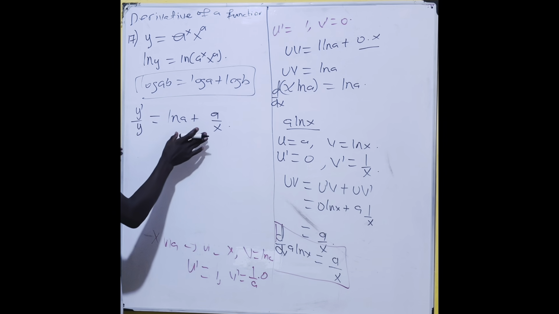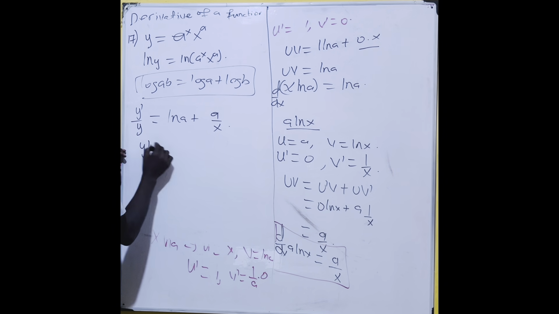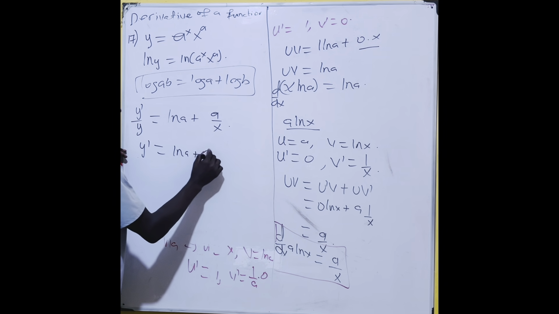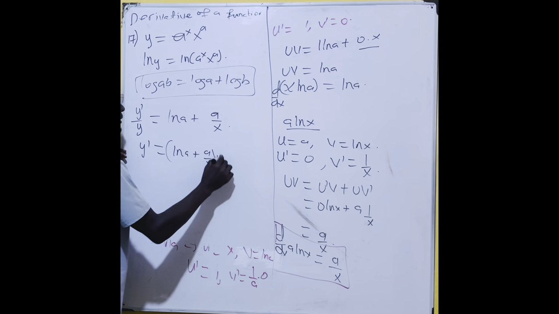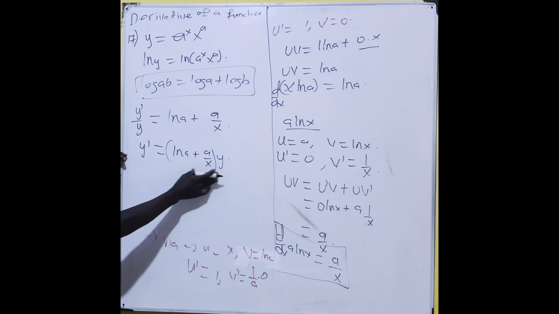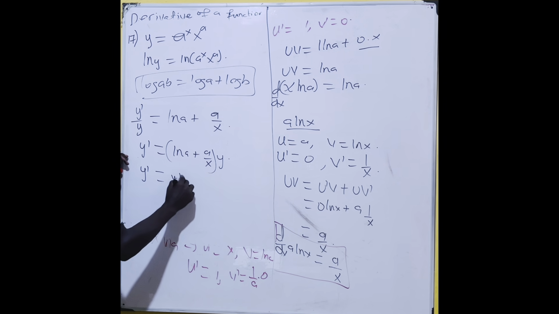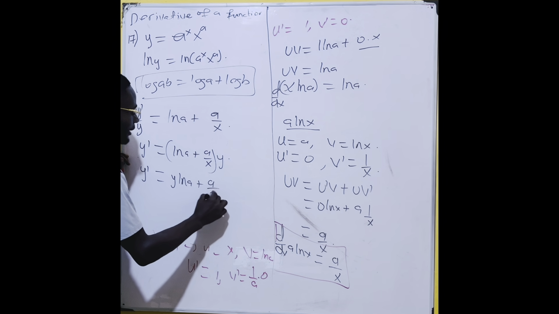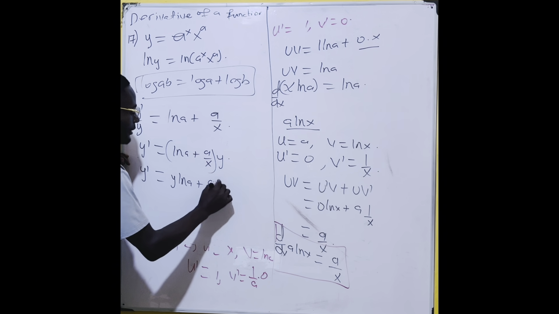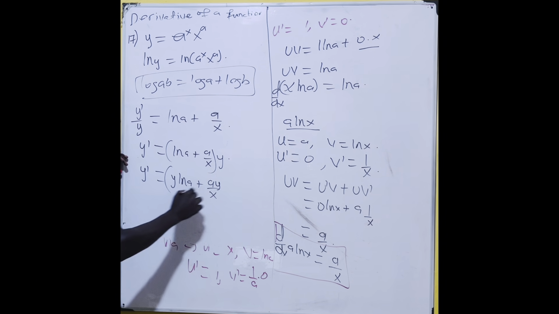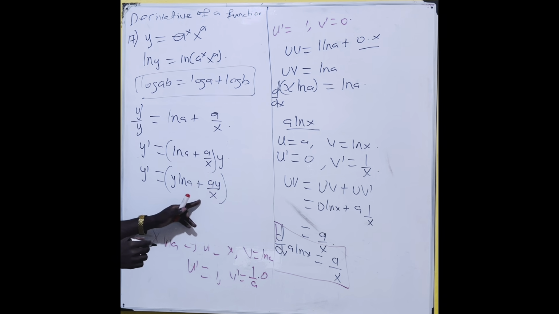So it means that the first derivative is ln a plus a over x multiplied by y. So we can spread the y, then we have our first derivative to be y ln a plus a over x times y. Okay, so this becomes our first derivative.